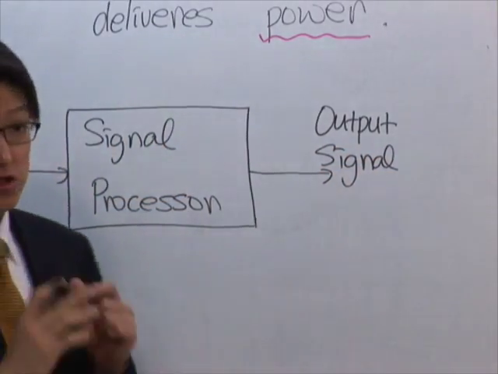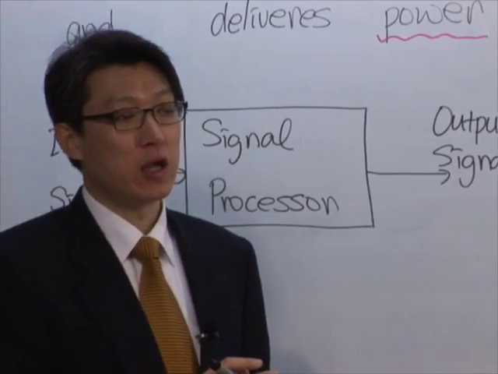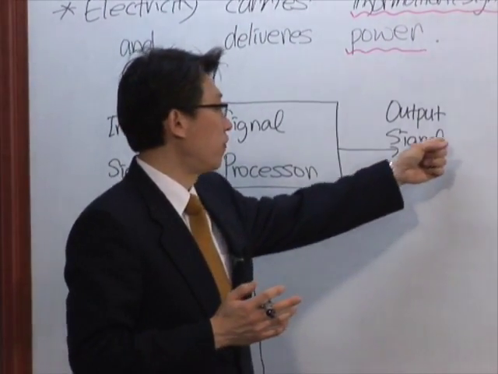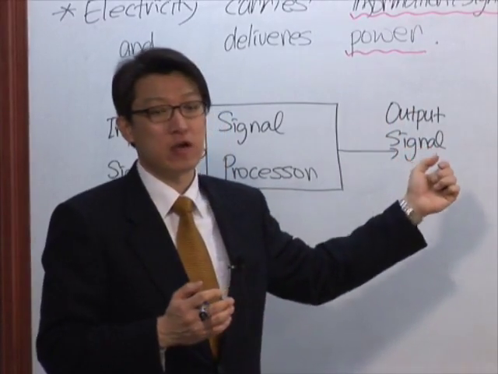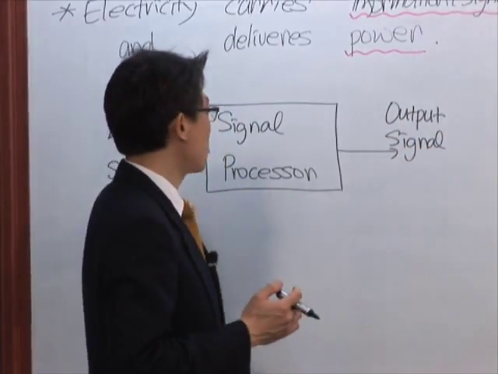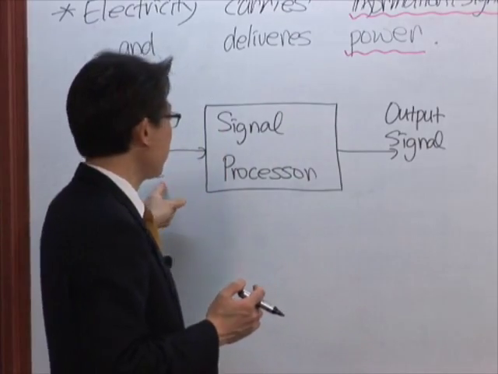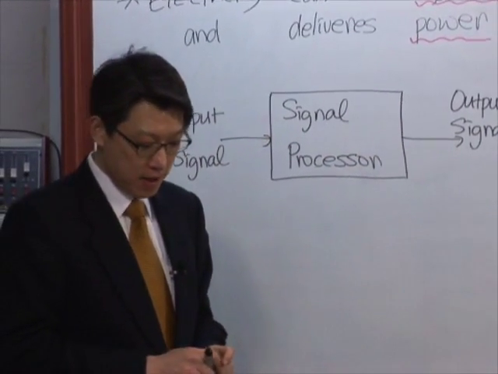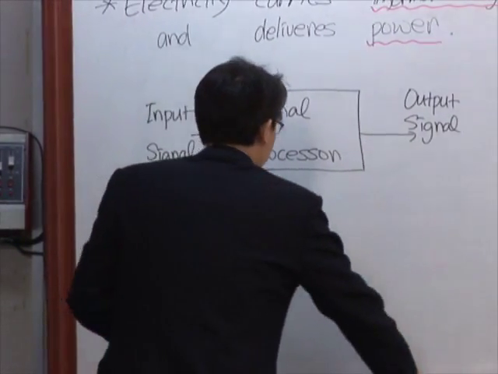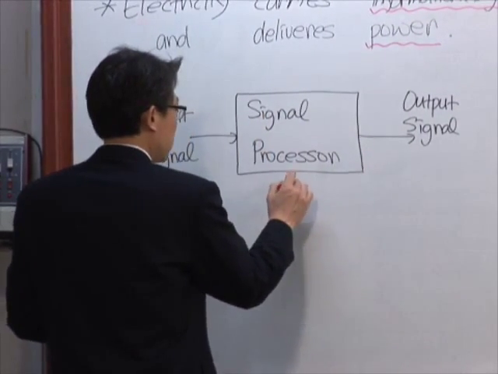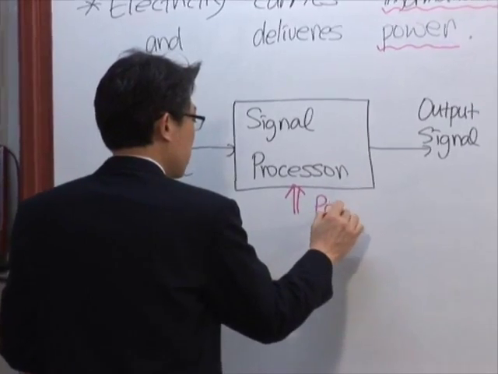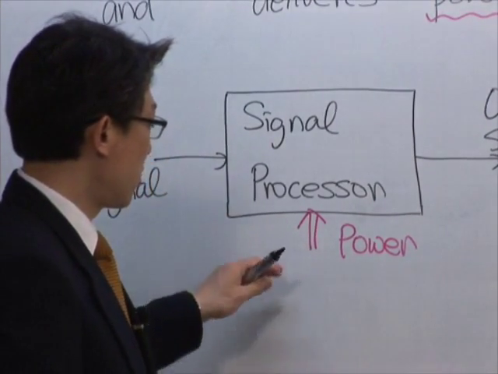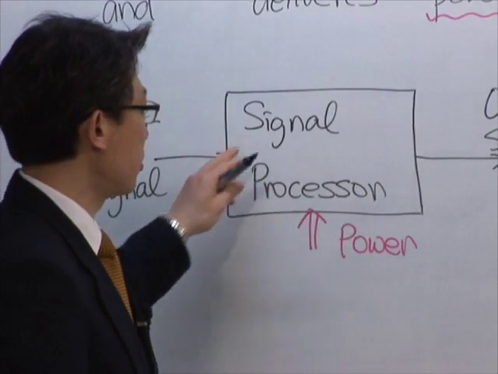Usually input signal is given, right? And then we like to get output signal. Also, the format is given by the specifications. So we have to somehow change the format from input signal to output signals. Okay? And we need a power to maintain this processing unit.